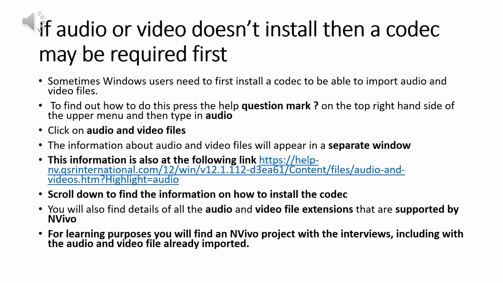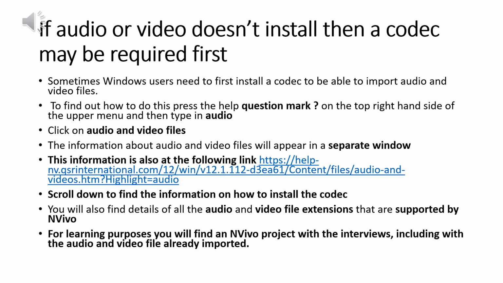This information is also available at the following link. Once you are in the Audio and Video Files help page, scroll down to find the information on how to install the codec. You will also find details of all the audio and video file extensions that are supported by NVivo.